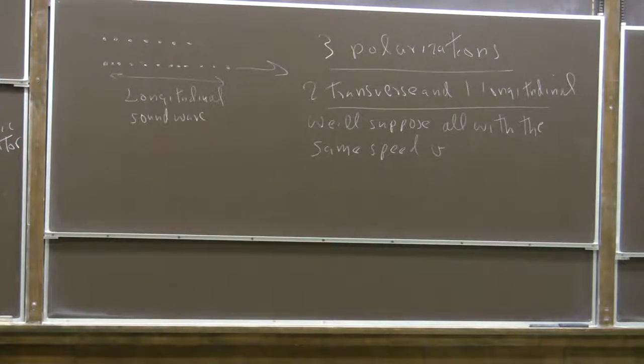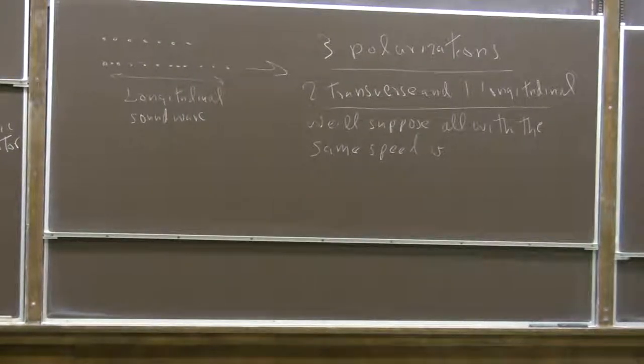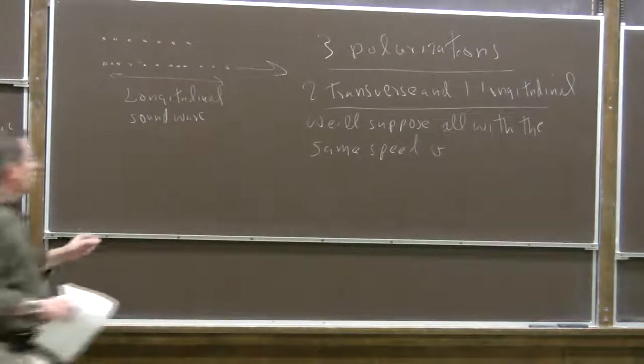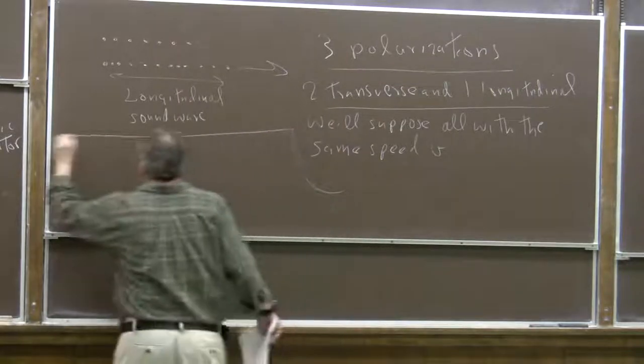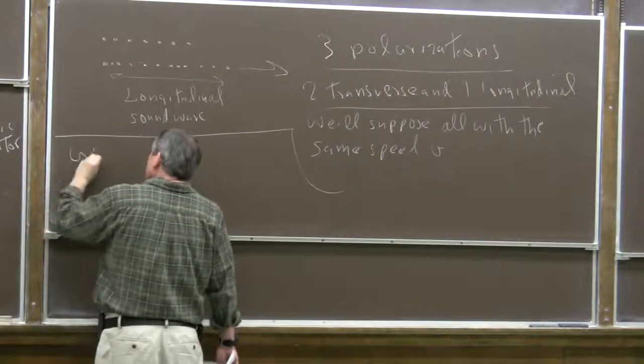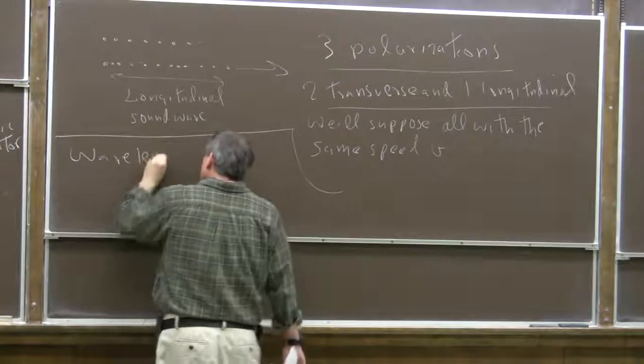So when the wavelength is long compared to the distance between the atoms, they behave a lot like light waves, and they propagate with the speed of sound. But there's a cutoff on how short the wavelength can be, and correspondingly the frequency of the modes. Okay? So the other way in which sound is different from light is there is a wavelength cutoff.